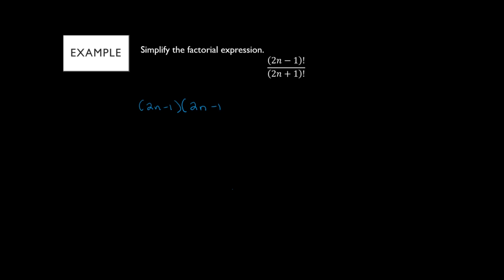So 2n minus 1 minus 1, and then we would subtract 1 again from that. So you can see we keep subtracting 1, and that's going to keep going, and then we end up with 1 as our final number. And with the way that the factorial goes, we're eventually going to end up with 3 times 2 times 1, because it will go down to those numbers.